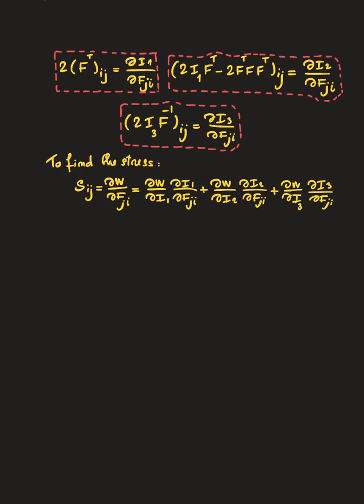Now, from now onwards, to simplify, let me call the derivative of W relative to the first invariant W1, this one W2, and this one W3. So what did I find? Let me replace the findings through the three boxed expressions above. Essentially, I get that the component Sij, this will be fundamental, yes?